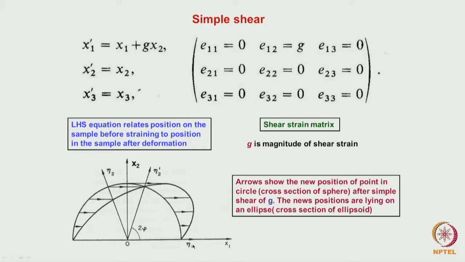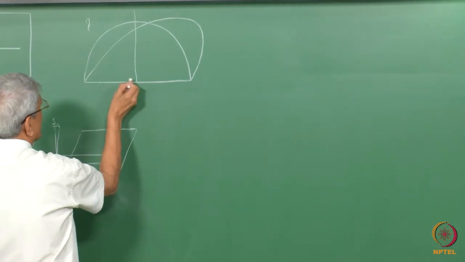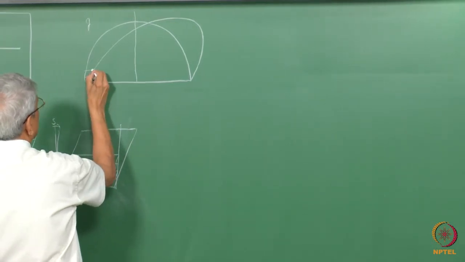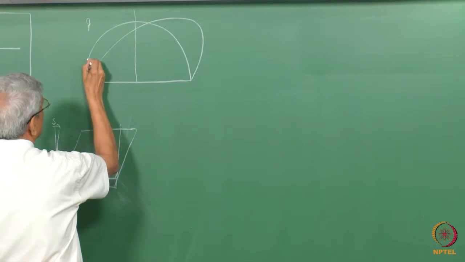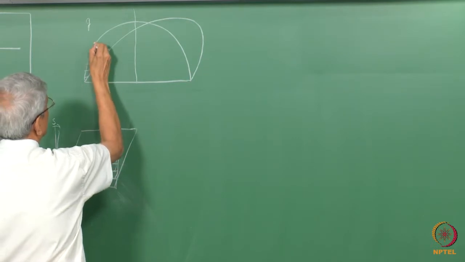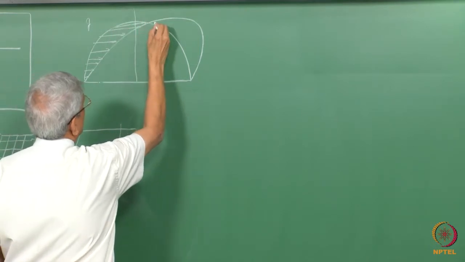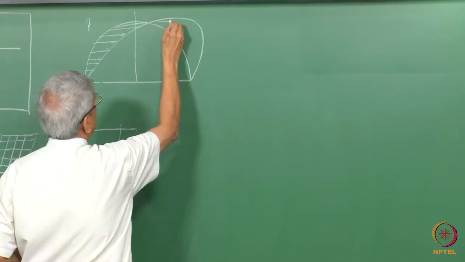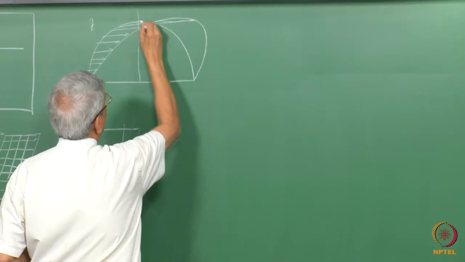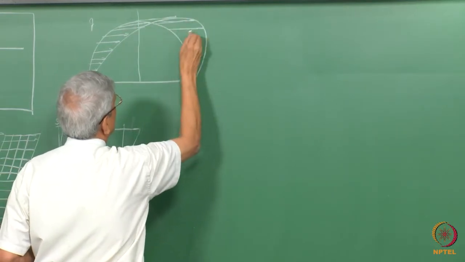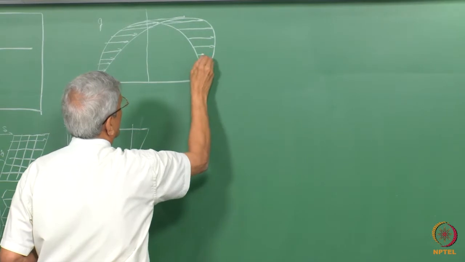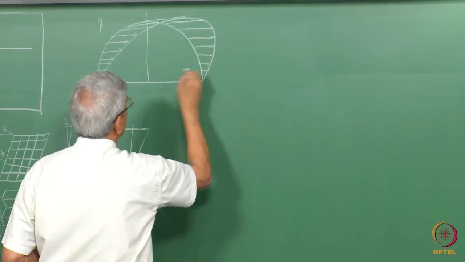So essentially what is going to happen is that if this is the origin of the coordinate system, each of these points on the surface, by the simple shear, gets transformed to a corresponding point like this, correct? This is how the transformation is occurring.